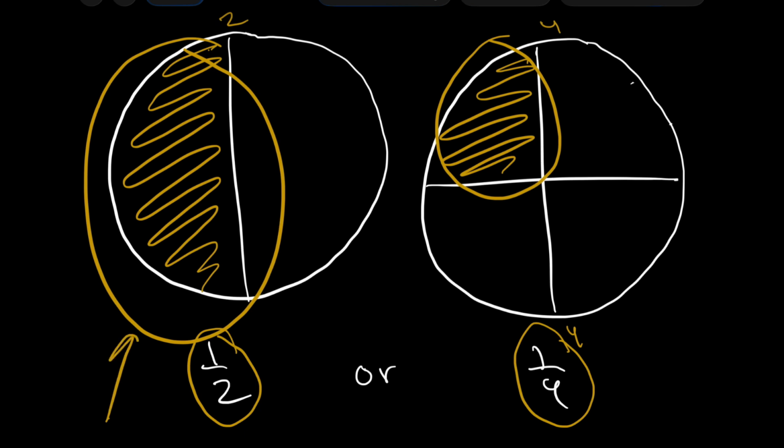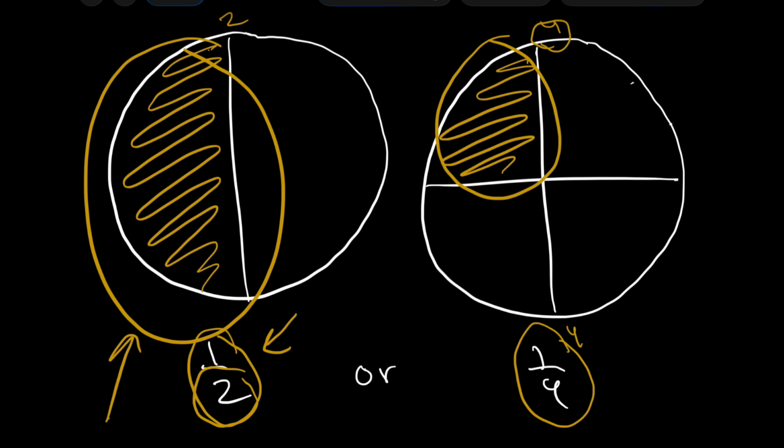Well, if you said the first one, you'd be correct. And notice how this pie's denominator is less. That's because when you cut a pie into fewer pieces, you get more pie in each piece, rather than this one, the second pie, where it was cut into 4 pieces instead of 2, and you got less pie with each slice.